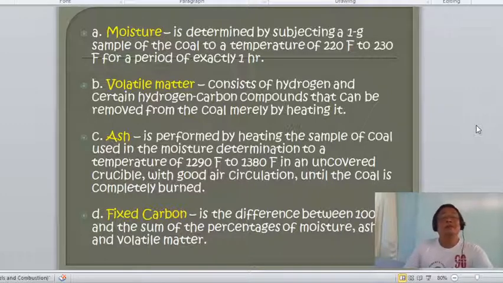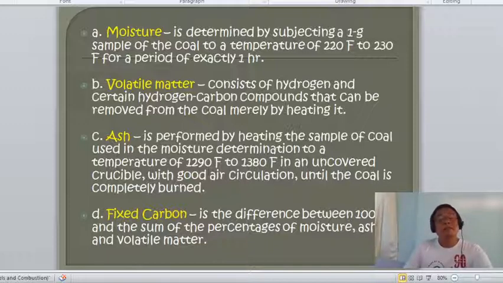Okay? So, that is determining how you are going to get the amount of moisture in a coal sample. Okay? Another is the volatile matter. So, it consists of hydrogen and certain hydrogen-carbon compounds that can be removed from the coal merely by heating it. Okay?